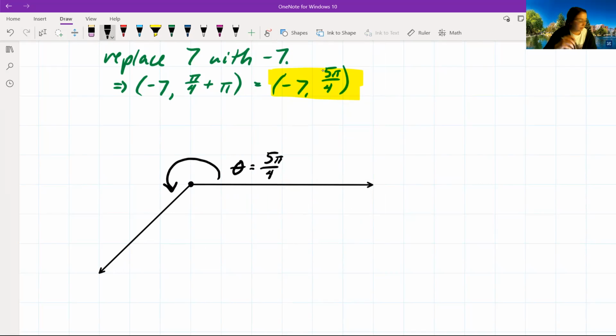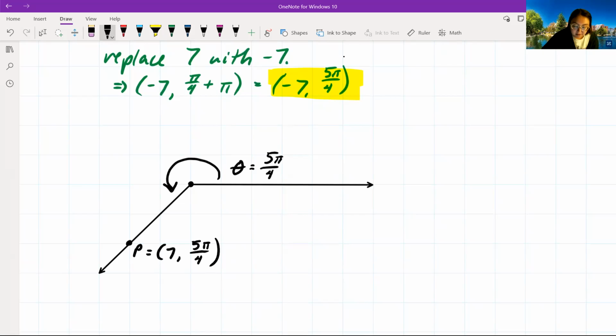And so this line right here is going to correspond with the point 7, 5 pi over 4.